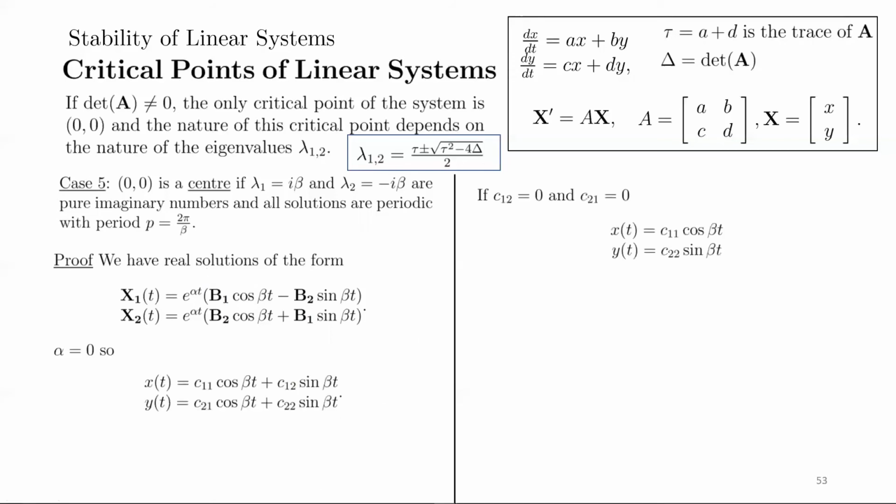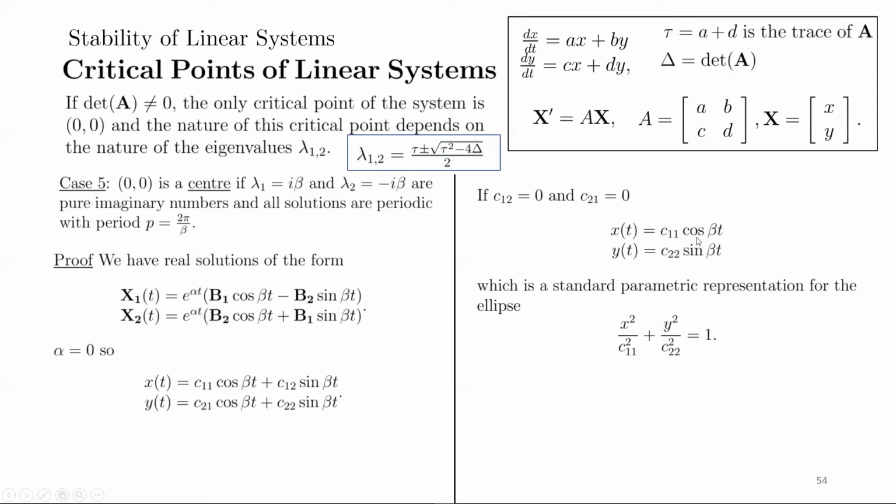Then if c12, which is the sine term here, and c21, which is the cosine term here, are equal to 0, then we have these solutions here, which is a standard parametric representation of an ellipse. In fact, I can square these two terms, x squared and y squared, and add them together.